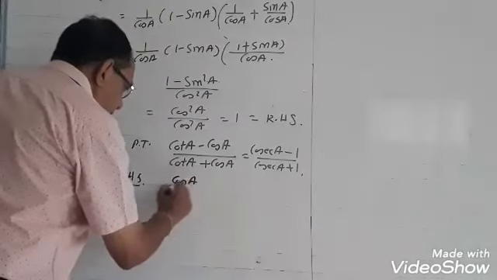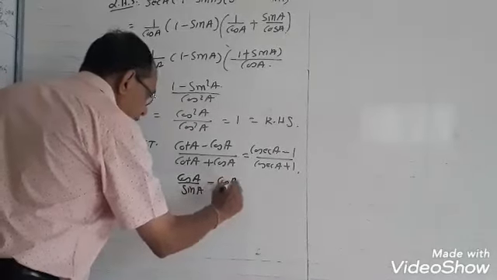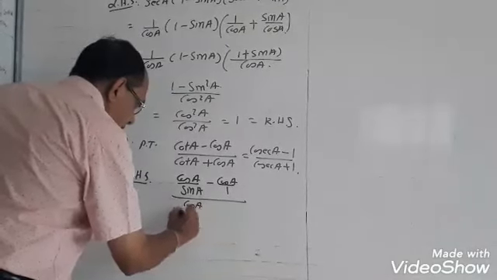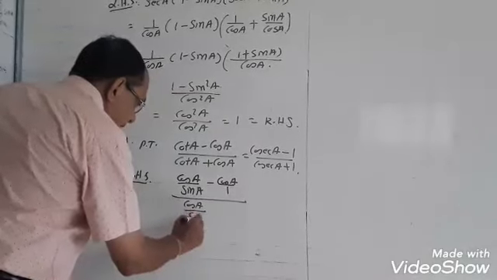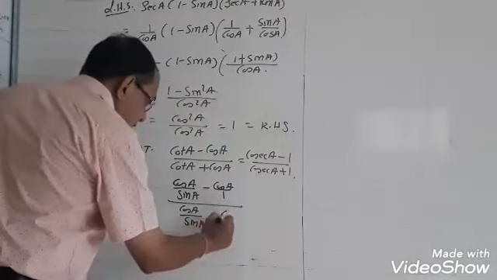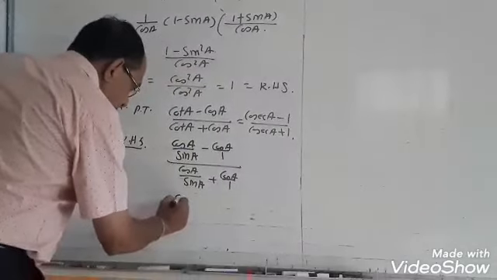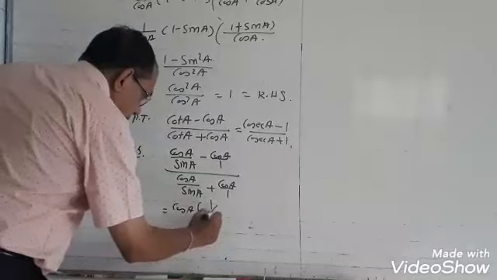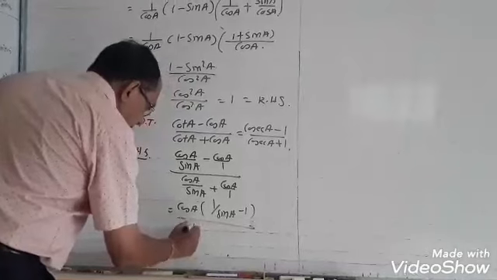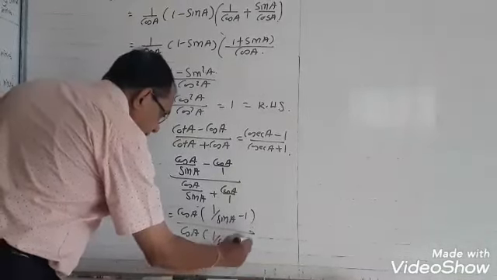Cos A upon sin A minus cos A upon 1, over cos A upon sin A plus cos A upon 1. Cos A common: cos A (1 upon sin A minus 1), over cos A common (1 upon sin A plus 1).